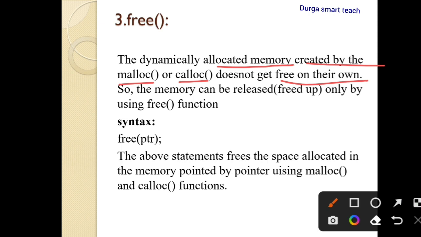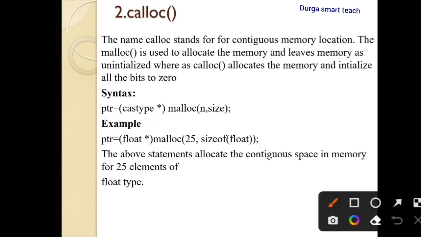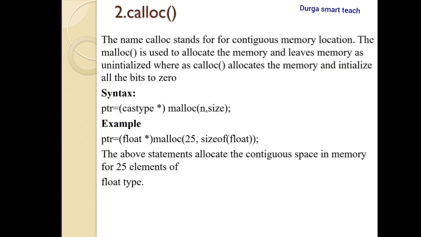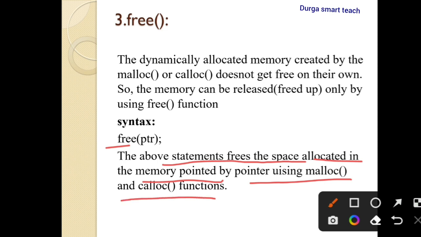So the memory can be released only by using the free function. We already allocated memory for ptr, so if you want to free it, then use free with ptr inside. The above statement frees the space allocated in the memory pointed to by the pointer using malloc and calloc functions.